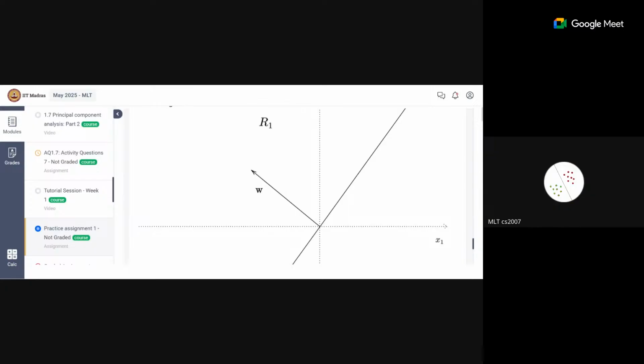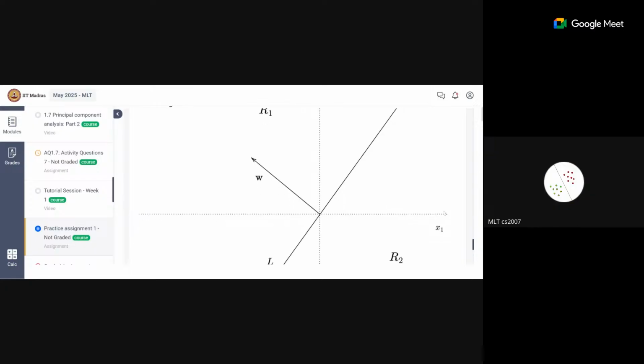If you take any point in region 1, it will satisfy the set of all X such that W transpose X is positive. You're talking about the cos theta, right?